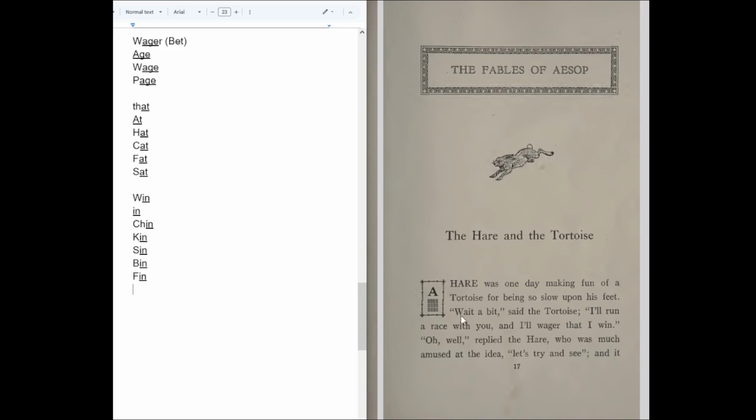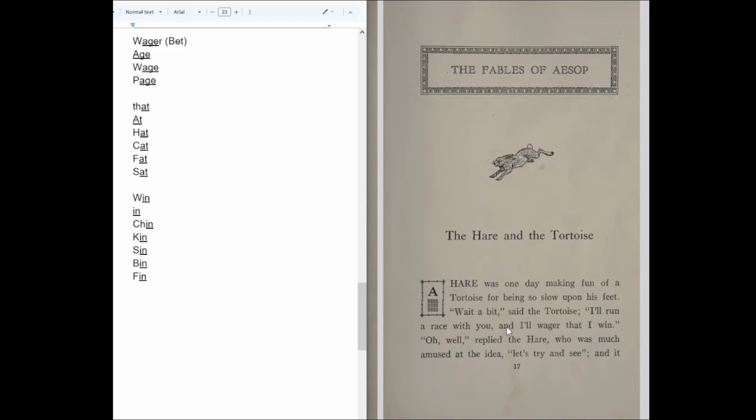Let's do it again. A little faster. Wait a bit, said the tortoise. I'll run a race with you, and I'll wager that I win.